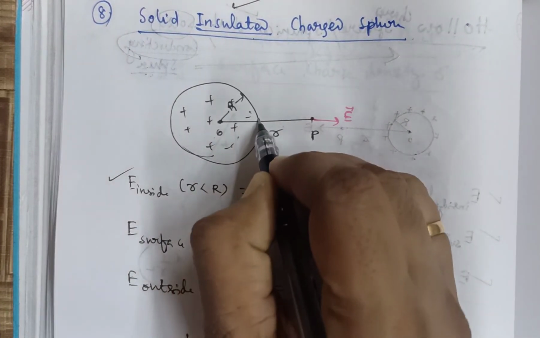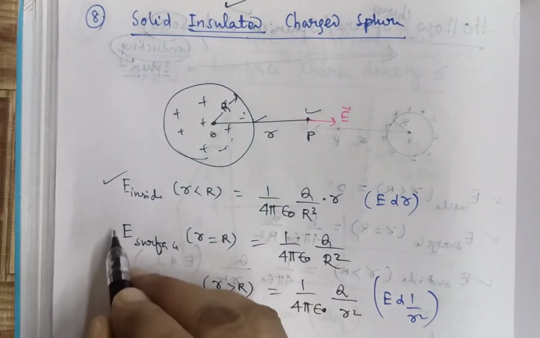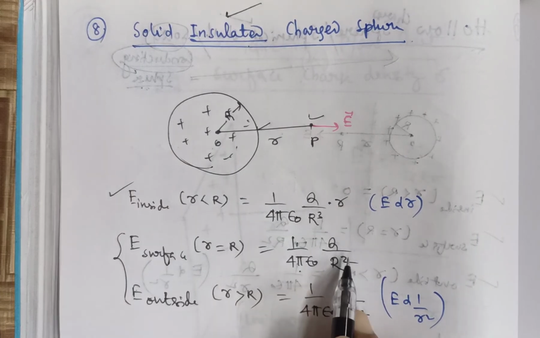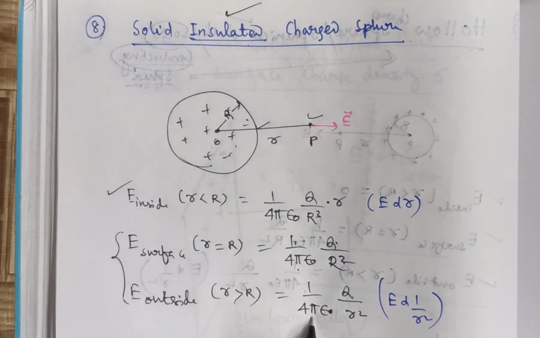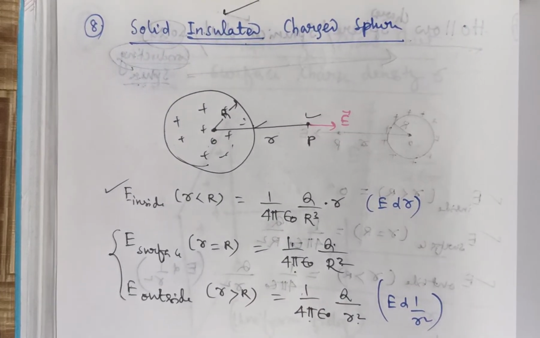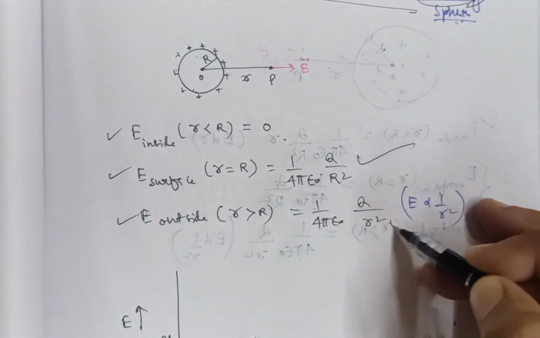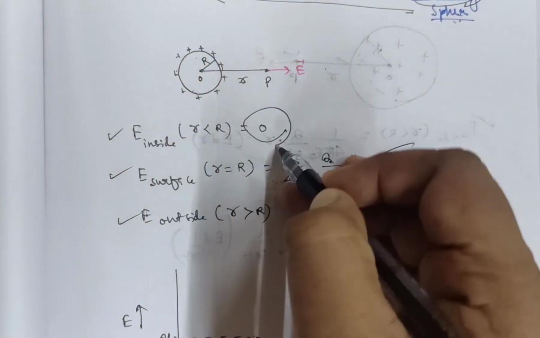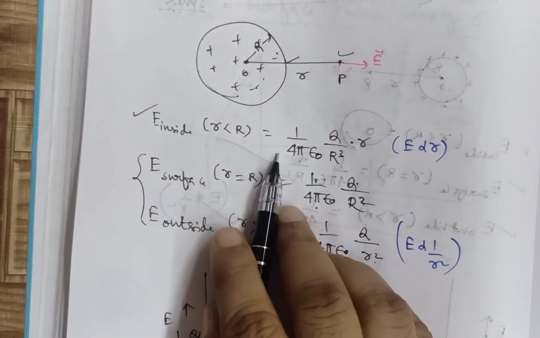But you see on the surface and outside, the answer is the same as in the previous cases: 1 by 4 pi epsilon 0 q by R square, and 1 by 4 pi epsilon 0 q by small r square. You just see for the hollow spherical sphere, same. On the surface and outside, same. Only inside is 0 there, but here only the inside formula is different.